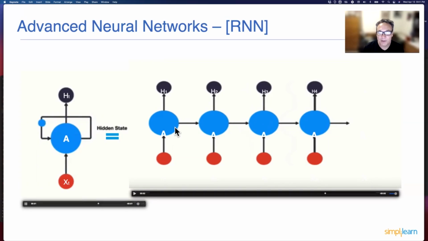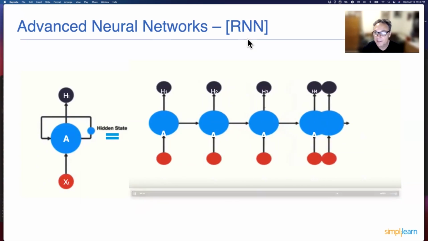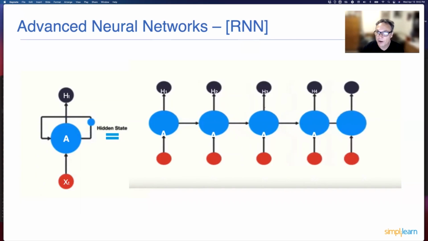This is great with natural language processing, because language has an order to it. You have words made up of letters, and sentences made up of words in an order. So you put each word on the input, and then you get the meaning on the output. So that's how recurrent neural networks work. More advanced topics like these will be in more lectures that we'll be showing in the future.